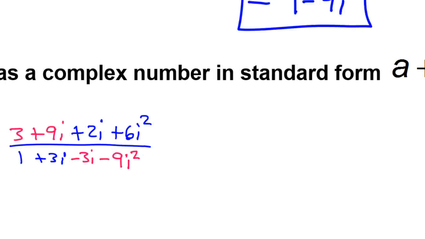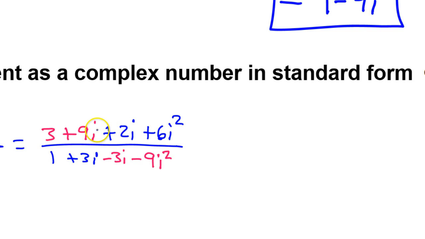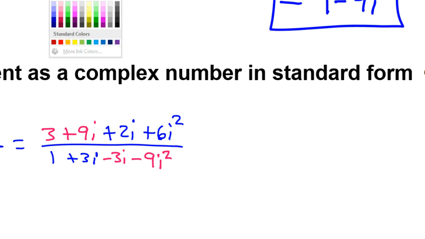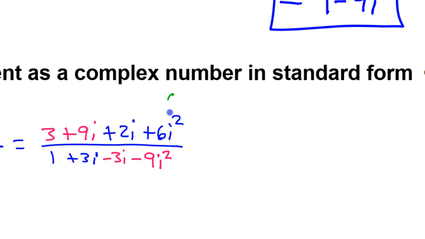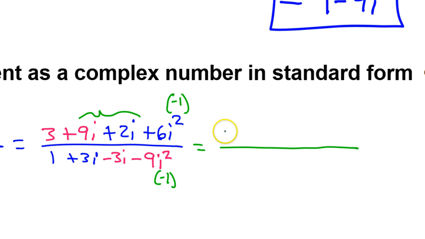All right, so let's just simplify this down, combining like terms and remembering that i squared is negative 1. So combining these like terms right here, I've got 3 plus 11i, and then this is going to become negative 6.